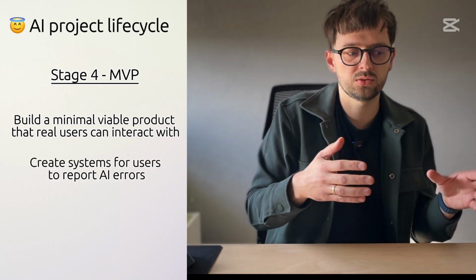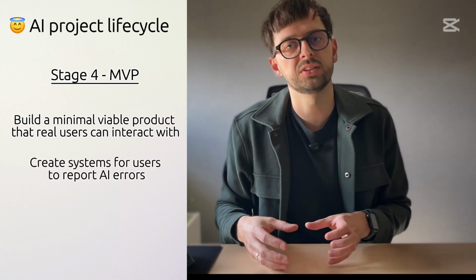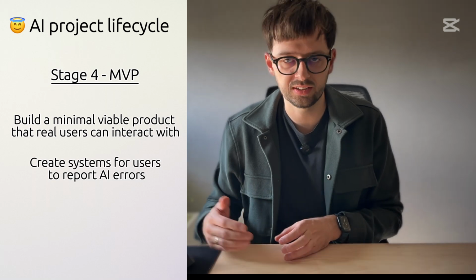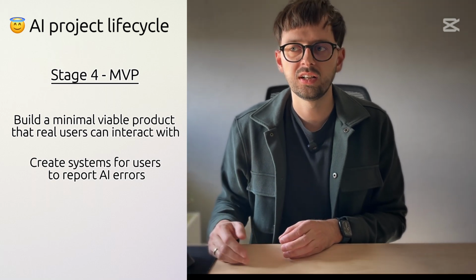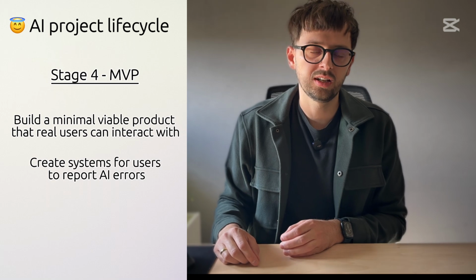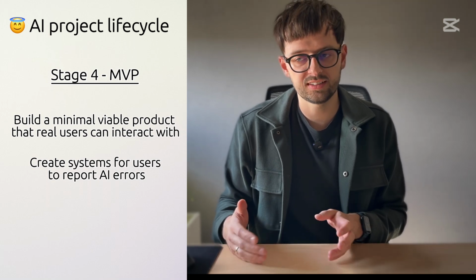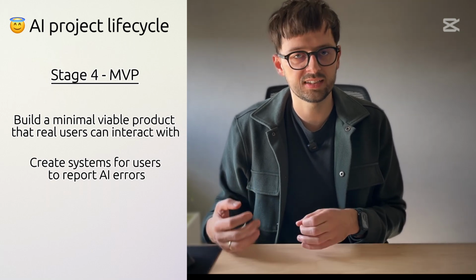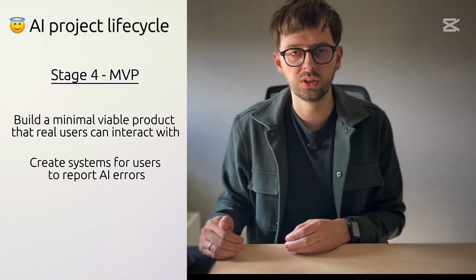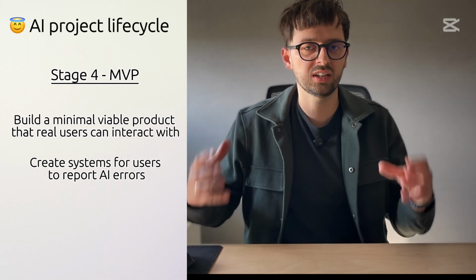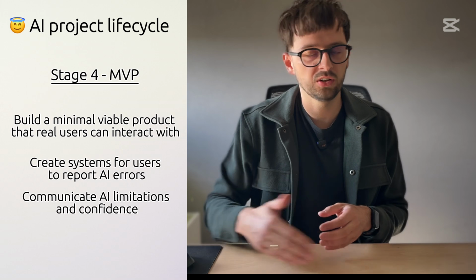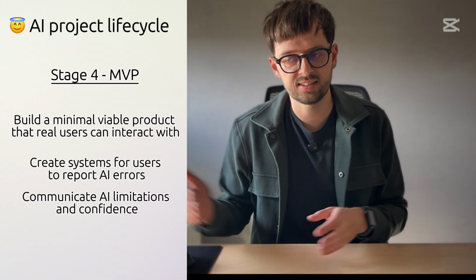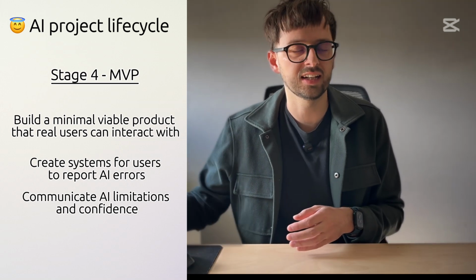And to do it, you need to build mechanisms that will let users give you feedback so you can improve your solution over time, but also be honest and precise about what your solution can do. So don't make those big claims that you've got God-level AI that can assist users with any task.